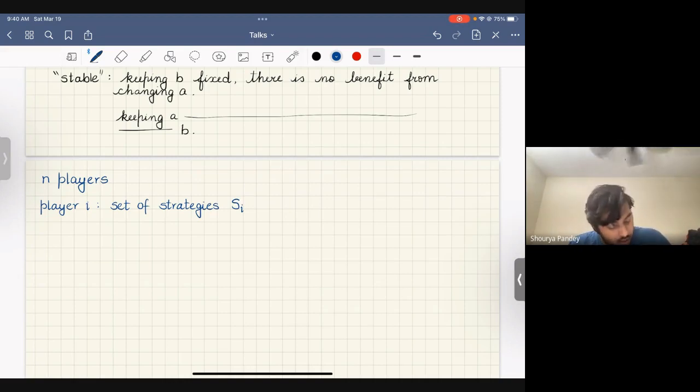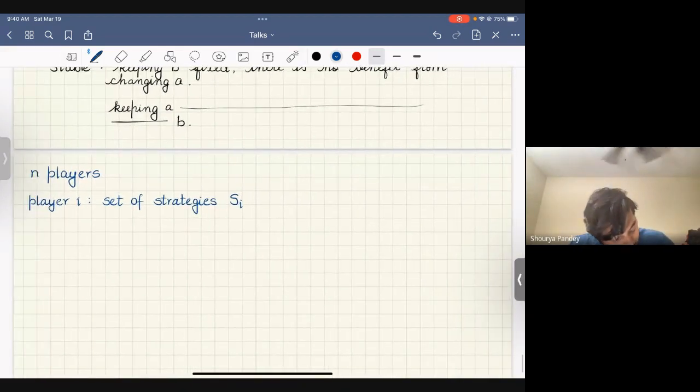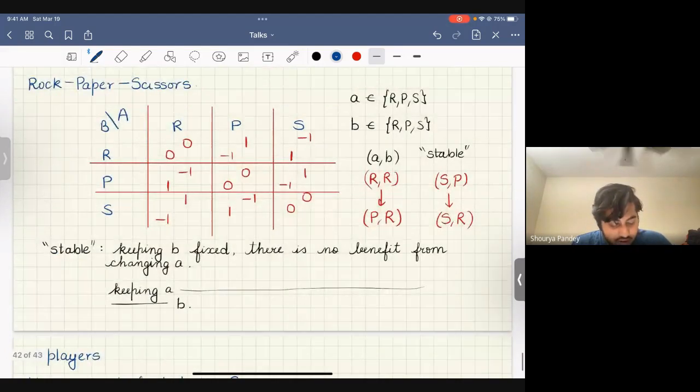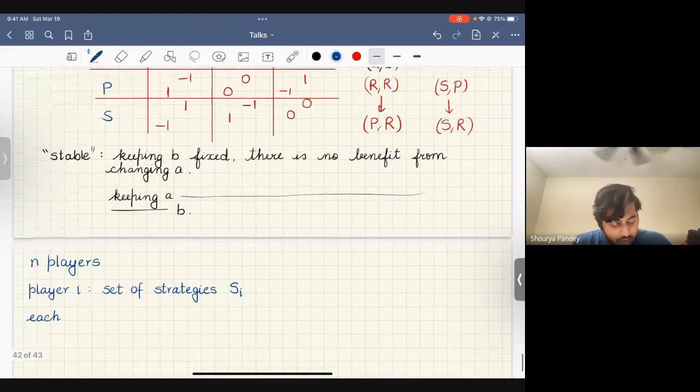To play the game, each player chooses some strategy from this set. For example, here the set of strategies is to play R or P or S, among other strategies that we'll talk about.